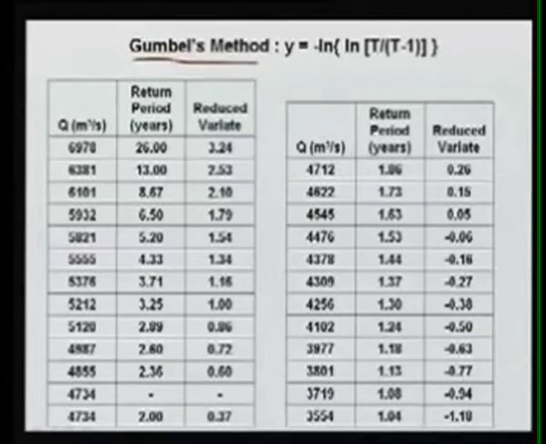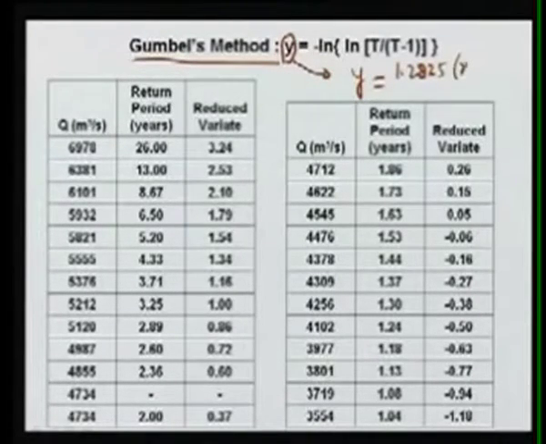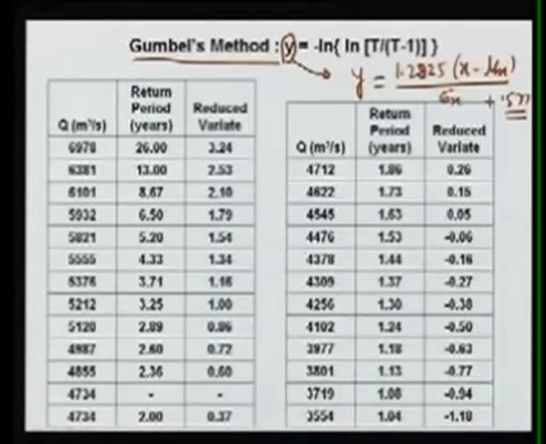So we start with the Gumbel's method, in which the reduced variable y is dependent on the actual variable x, or in this case Q, as y equals 0.78 times (x minus mu x) divided by sigma x plus 0.577. So a reduced variable has been defined which has a return period of T. So T again in this case is the return period.